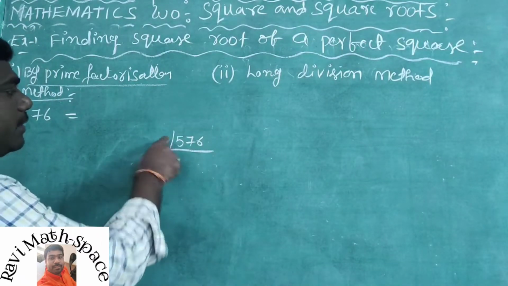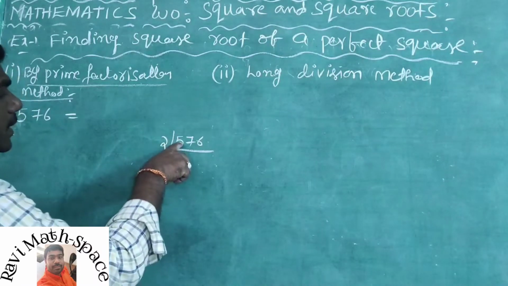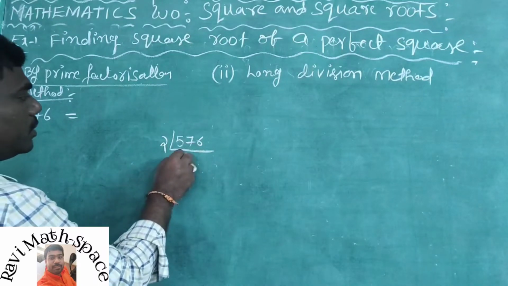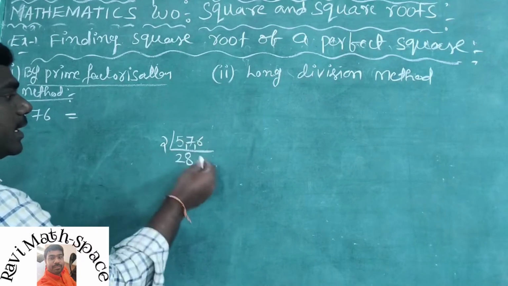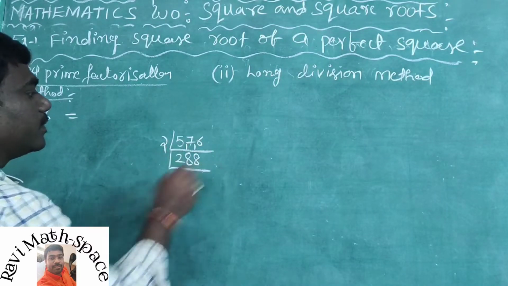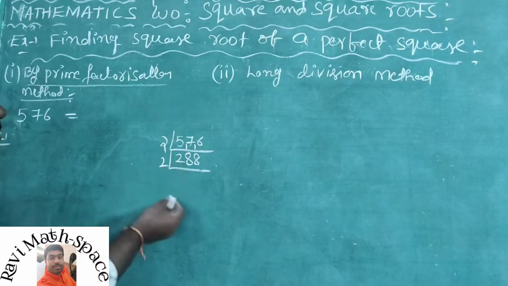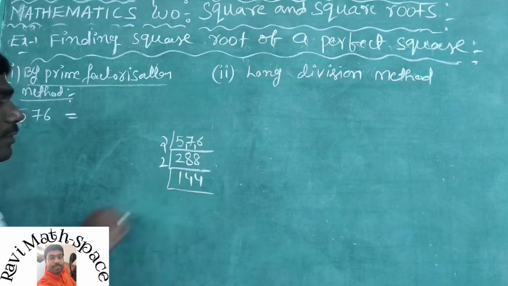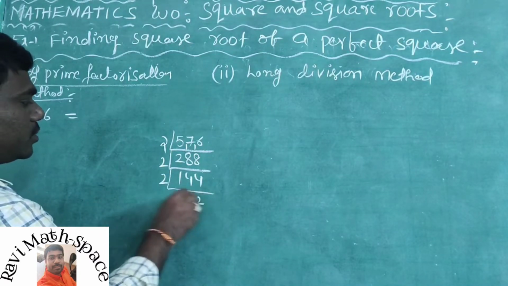First I will take the smallest prime number, 2. 576 divided by 2 is 288. Again 288 is divisible by 2, giving 144. Again 144 is divisible by 2, giving 72.